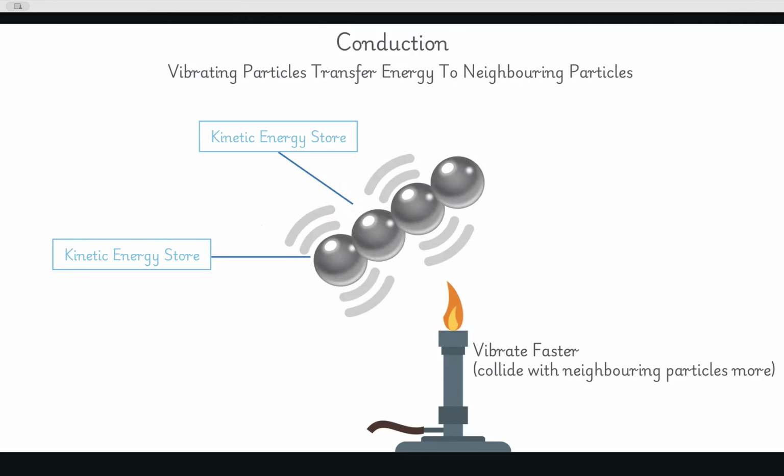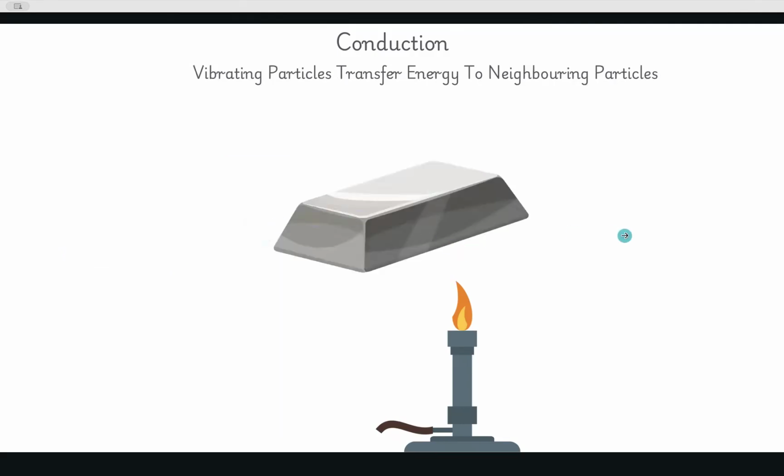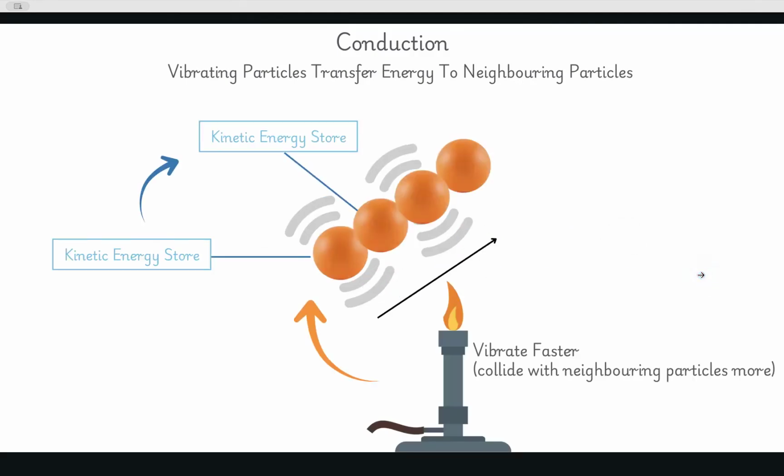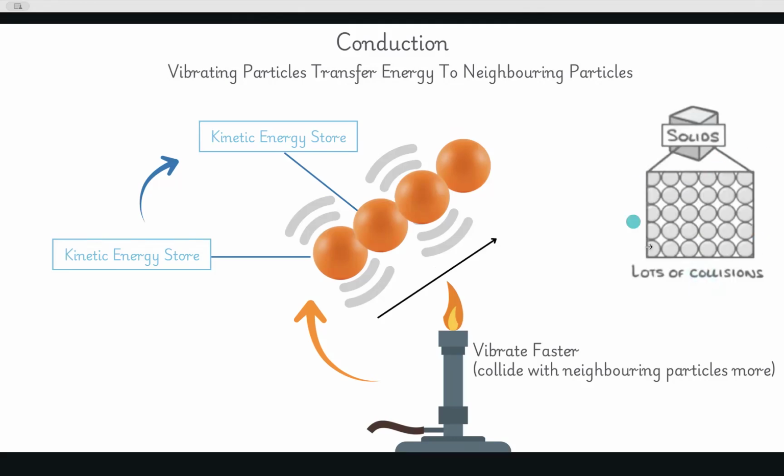And then in the end, the heat is spread evenly throughout the metal. And this is due to lots and lots of collisions. Because in liquids and gases you have particles farther away, heat is transferred a bit slower.